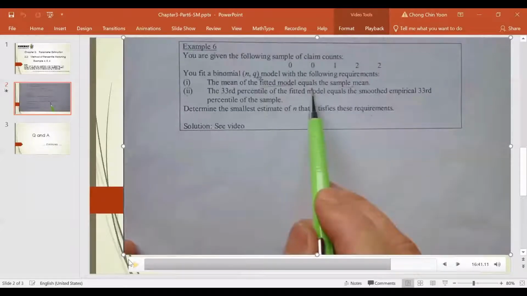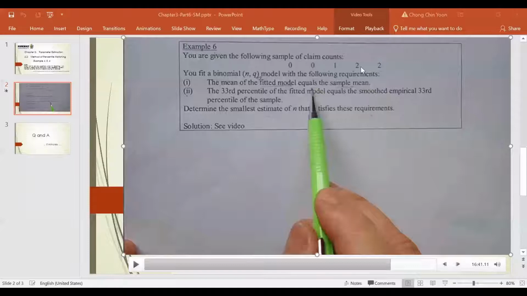Here you need to know this is a sample, right? The fitted model is a binomial distribution. So you must understand the question. The question says that the mean of the fitted model is equal to the sample mean. The sample mean we can calculate from the first raw moment.